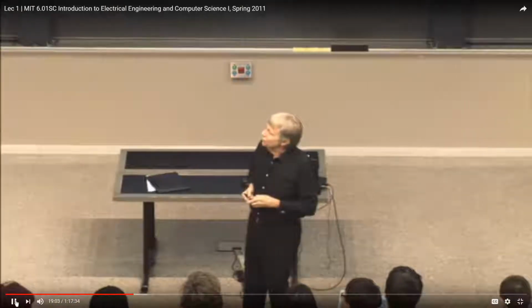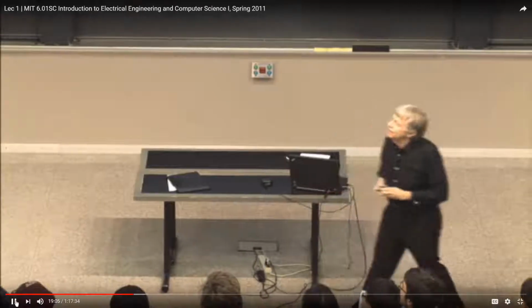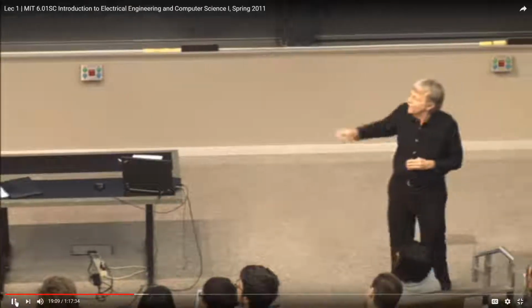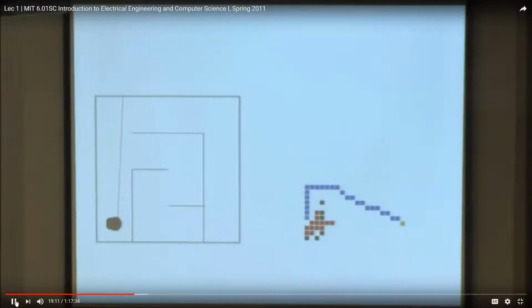OK, so now what I'm going to do is turn on the robot. The robot has now made one step. And I told you before about these sonar sensors. From the sonar sensors, the robot has learned now that there seems to be something reflecting at each of these black dots. It got a reflection from the black dots from the sonar sensors.